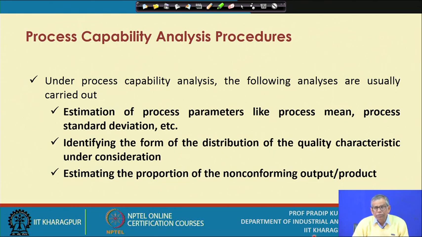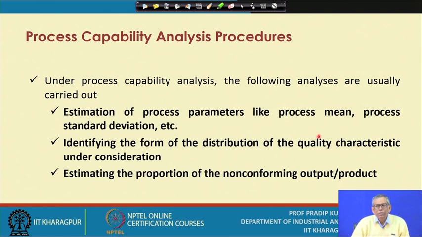We have identified a process for which process capability analysis is to be carried out, and obviously we are running the process, and while you run the process, in order to produce something, say parts or components or the product itself, what you need to know is what the process parameters are.